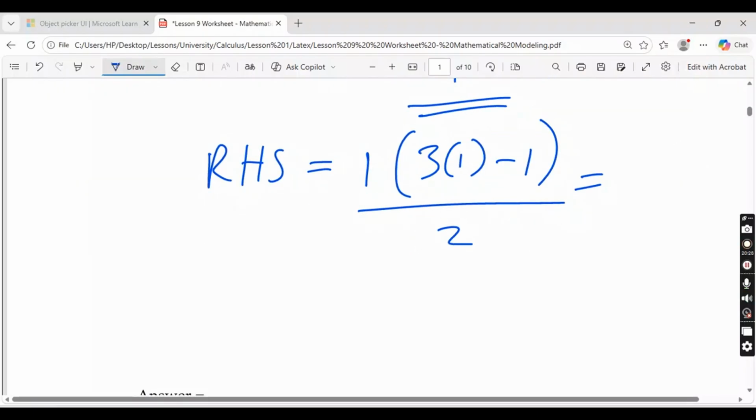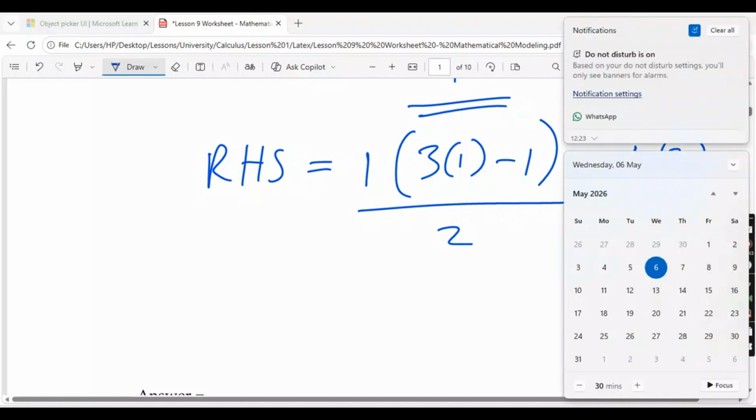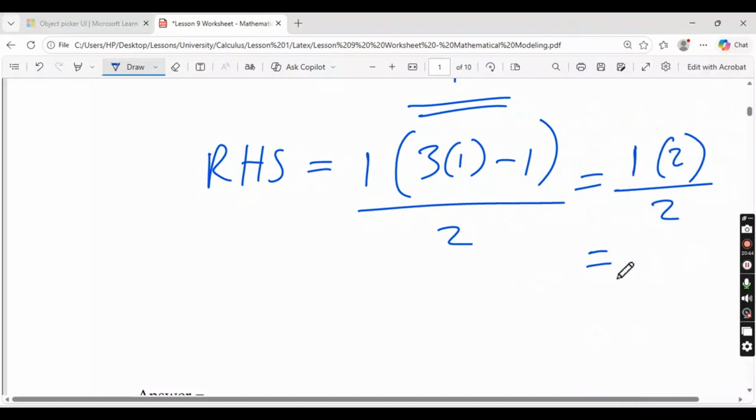Let's check: 3 times 1 we get 3, minus 1 we get 2. So 1 times 2 over 2, and what do we get? 1, yes.